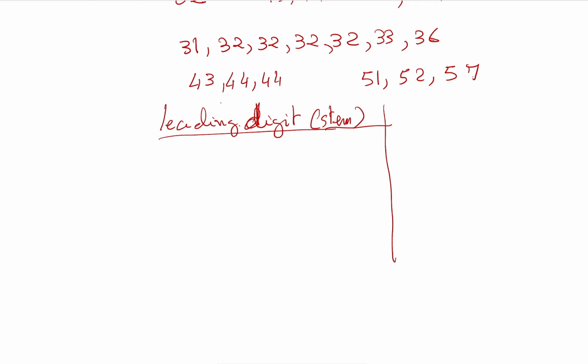The first number is the stem and the second number is the leaf. The second number is called the trailing digit. It's also called the leaf.